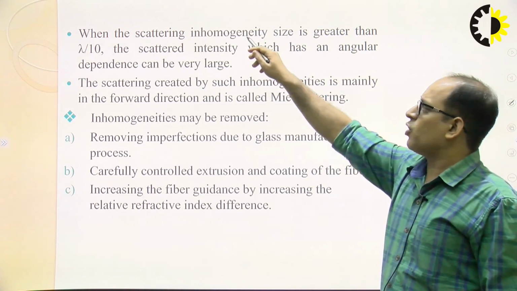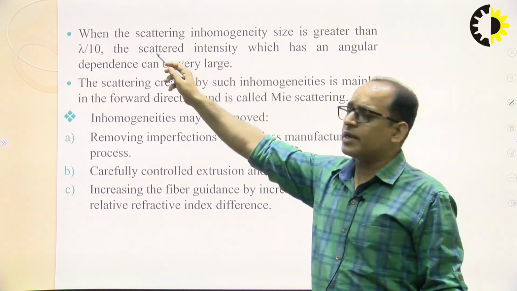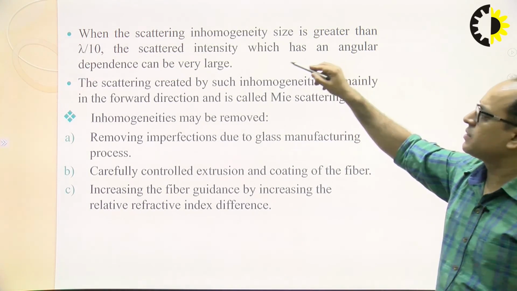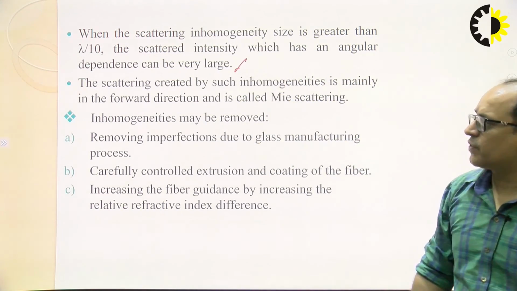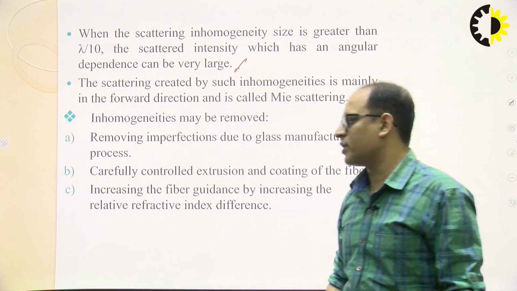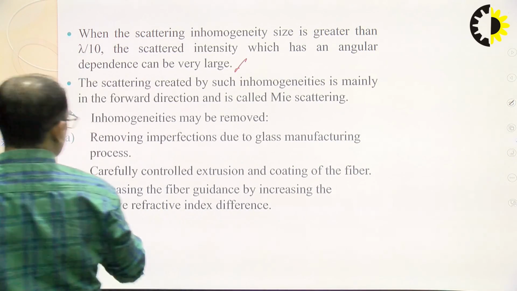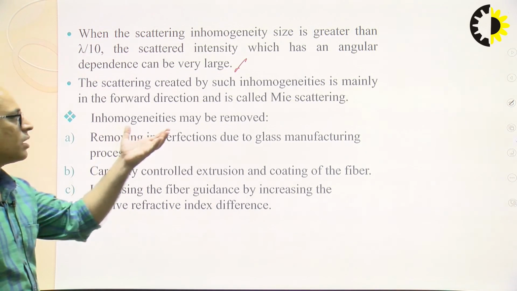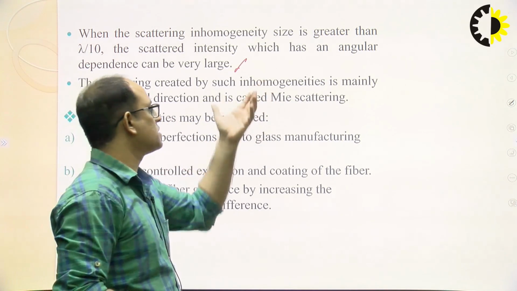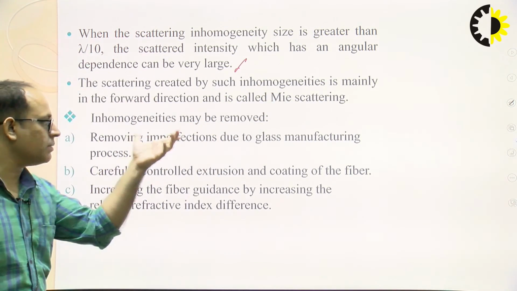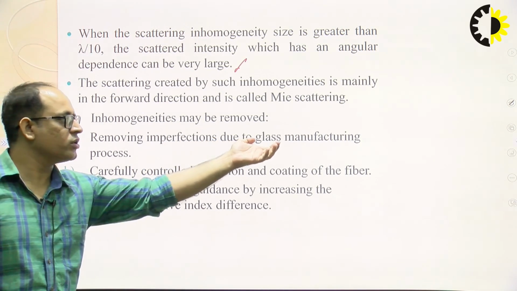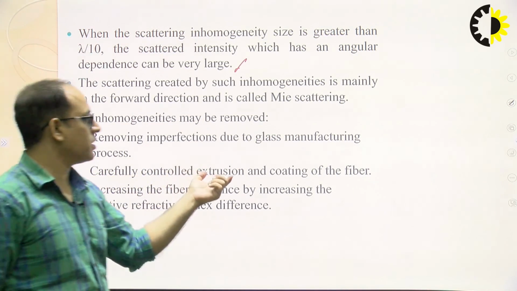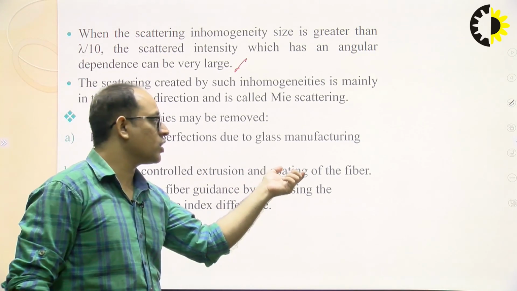So when the scattering inhomogeneity size is greater than lambda by 10, the scatter intensity has an angular dependence which is of very important value, and this inhomogeneity can be removed or minimized by removing imperfections during the glass manufacturing process, and carefully controlling extrusion and the coating of the fiber cable.